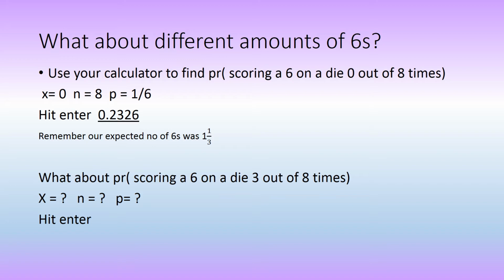And then hopefully you will get 0.1042. Now if you didn't get that, maybe you didn't get the x, the n and the p right, so go back and have a look again at what you should have typed in there. So we're saying there, out of 8 rolls, getting a 6 3 times out of those 8 rolls happens essentially 10% of the time.